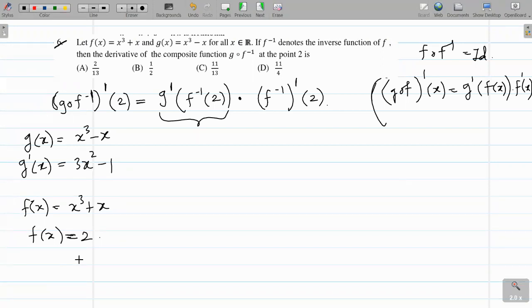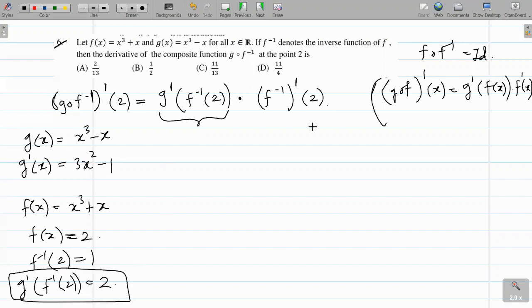Okay, 1, correct. So I have got f inverse 2 as 1. And so g dash at f inverse 2 is simply g dash at 1, that is 3 minus 1. So I got it as 2. So इसका आंसर आ गया. This is 2.